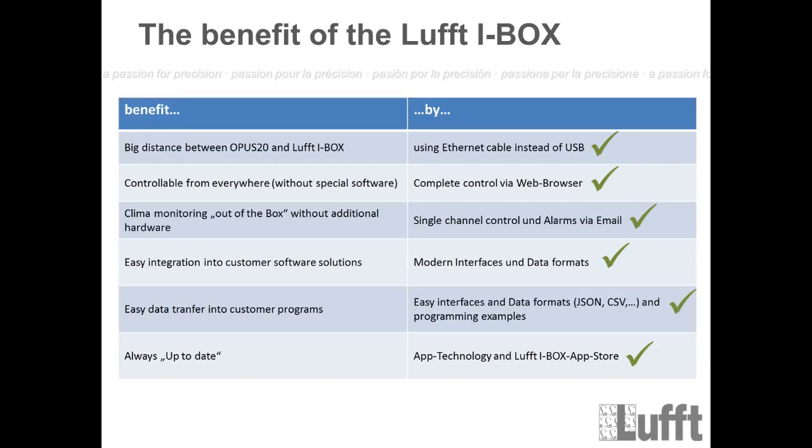You only need internet access, and then you can control the I-BOX via the web browser configuration menu. It's really easy. Then there is climate monitoring out of the box without additional hardware. Using only the Lufft I-BOX and for example some different Opus 20, you can create a real climate monitoring system. You can activate single channels, control them, and send alarms via email. I think that's a simple solution to set up such a system.